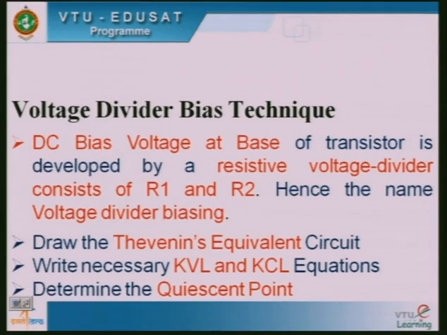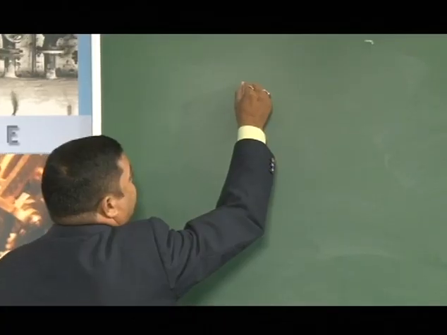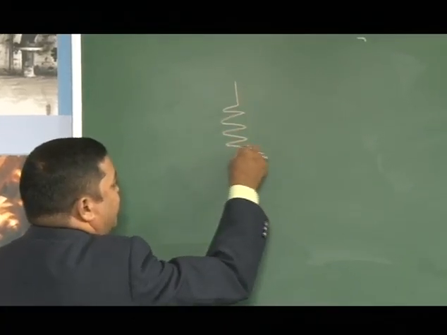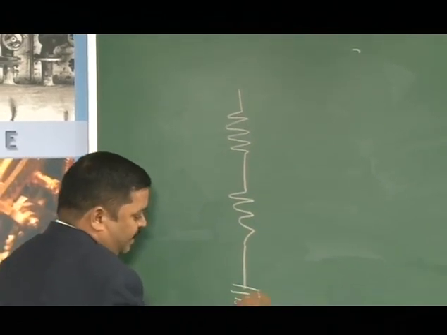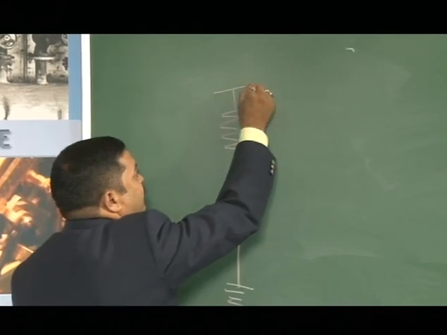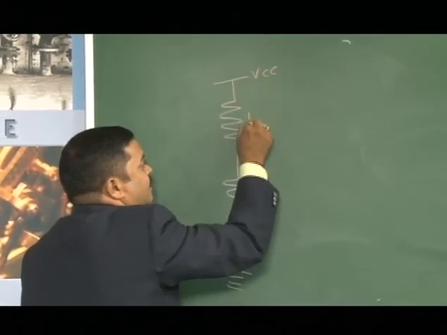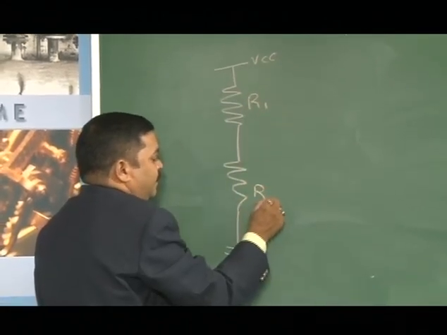Before going to the voltage divider bias technique, what is voltage divider biasing? What is a voltage divider network? Let us see. When we come across this type of network, there is a VCC, let us say here. This is R1 and this is R2.